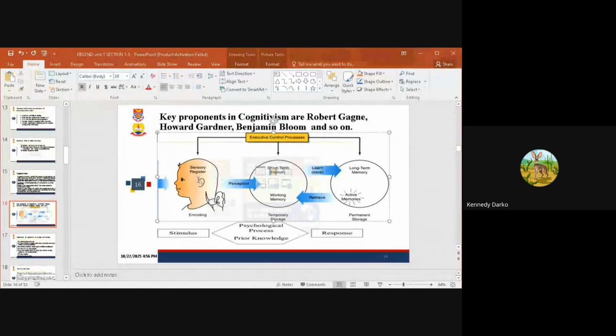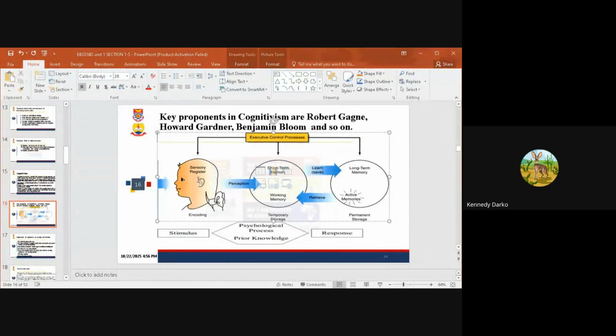So your senses will take it. After taking it, what happens? Perception. Are you going to store or are you going to reject it? As we learned in the first slide. That is the perception. And even in processing it, how are you going to process it?